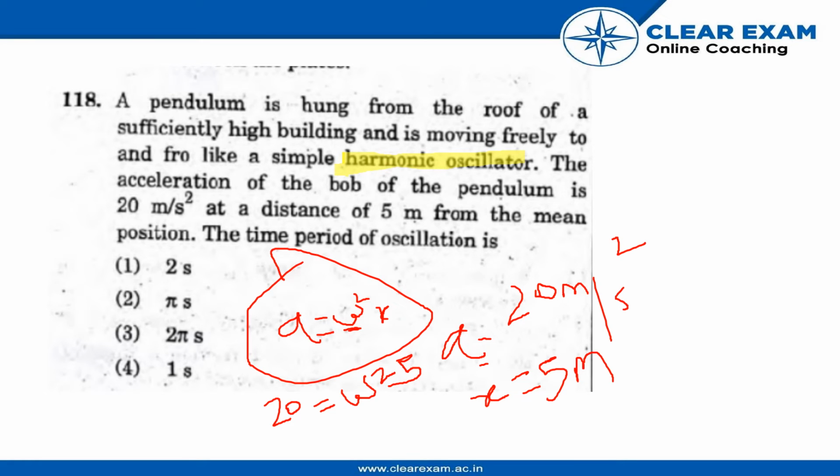So from here we can find out omega square will be 4 and omega will be 2 per second.